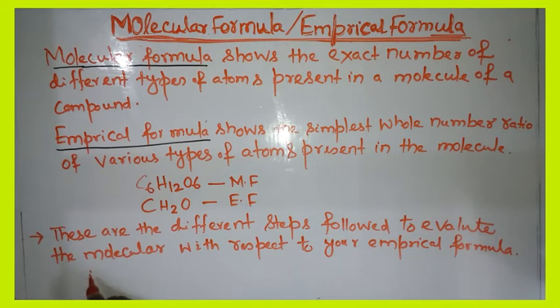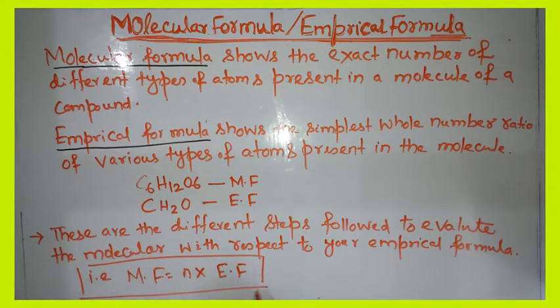That means the molecular formula will be a simplest whole number multiplication of your empirical formula, and the task is to find the n. Suppose you are given every detail and utilizing those details you have to derive an empirical formula and molecular formula.